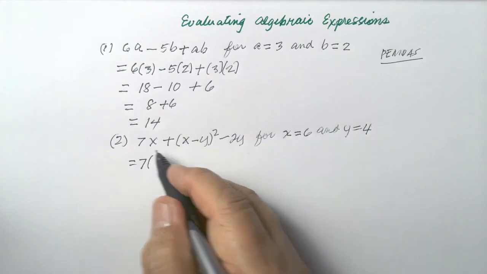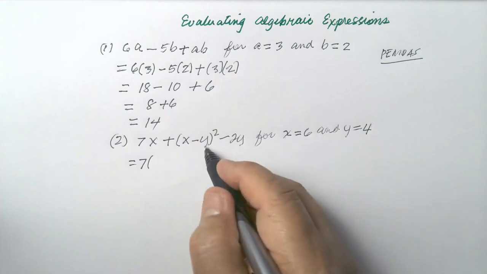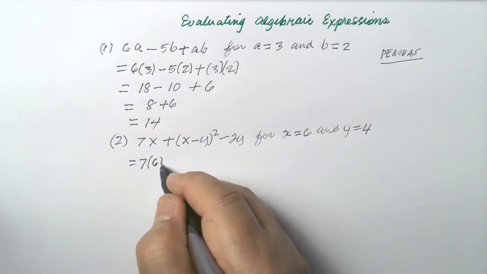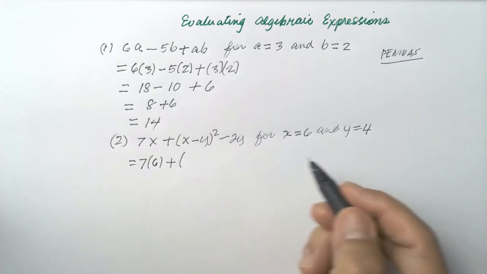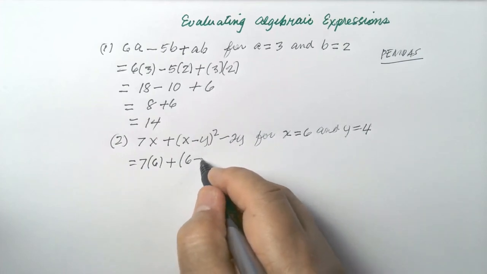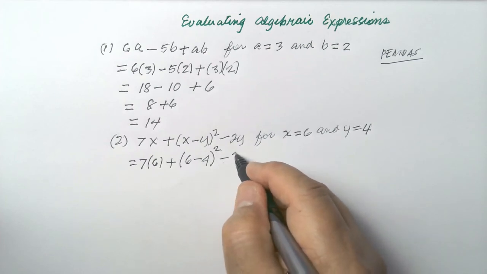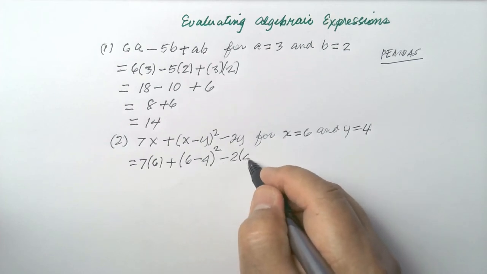Just replace x by 6 and y by 4. So this will become 7 times 6 plus (6 minus 4) squared minus 2 times 4.